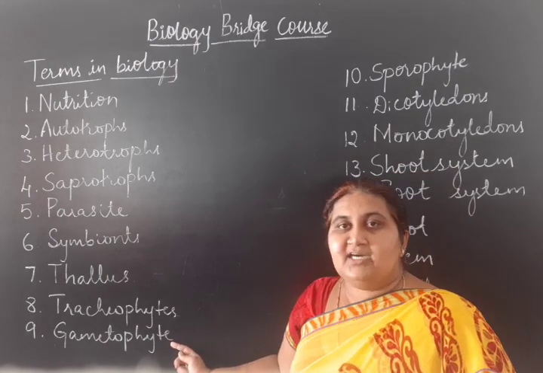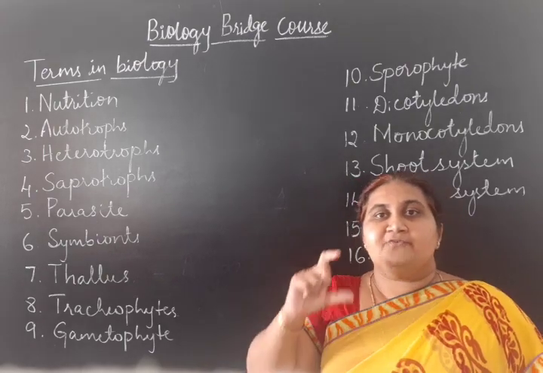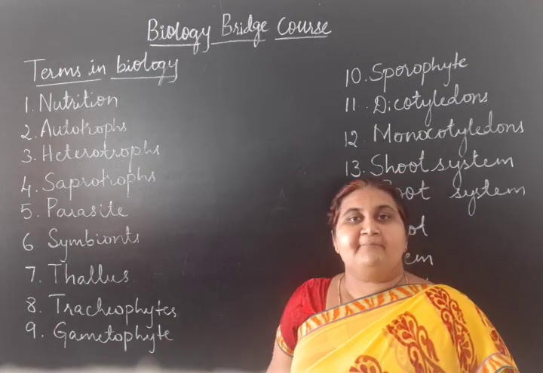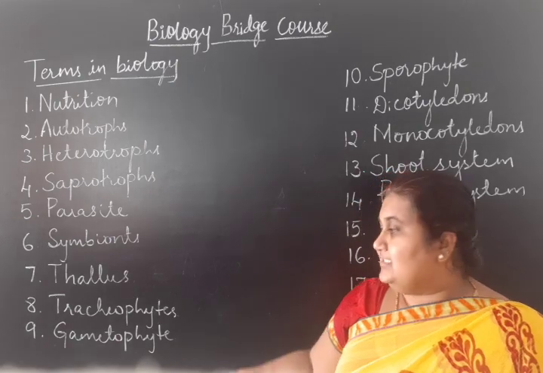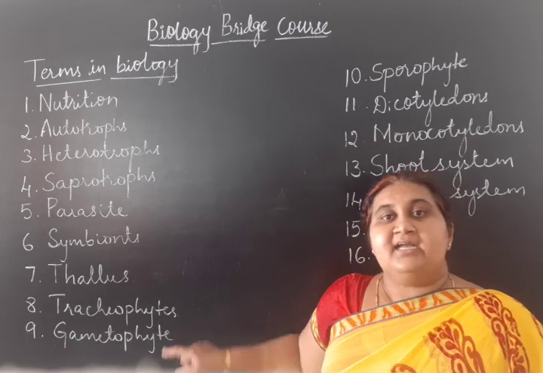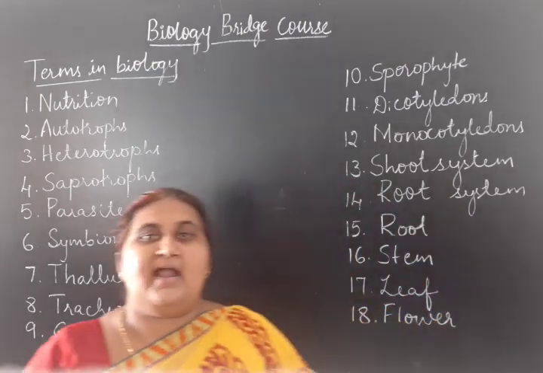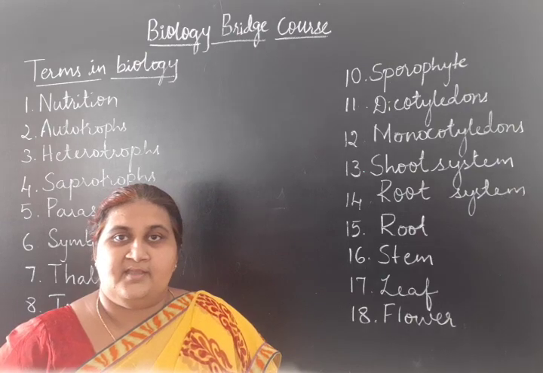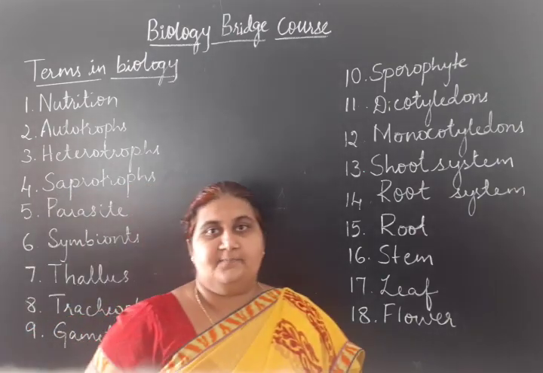The next term, Gametophyte, the part of the plant body that produces the gametes. In the plant kingdom, in the division Bryophytes, we find the main plant body is the Gametophyte.